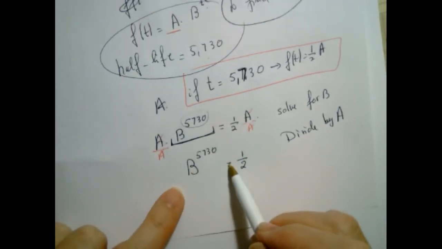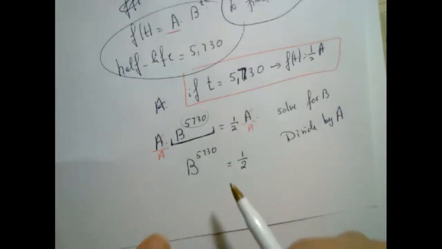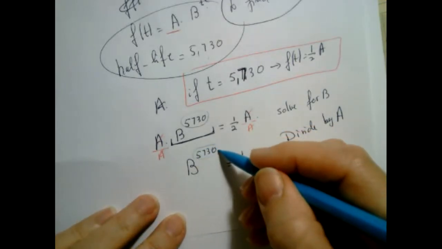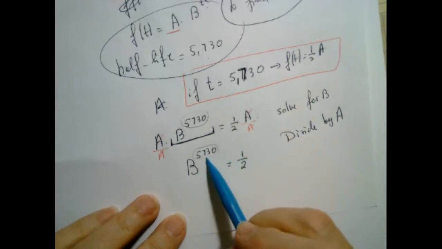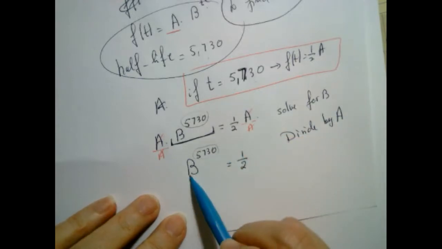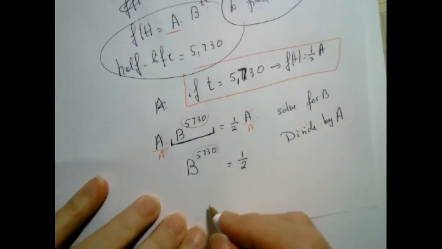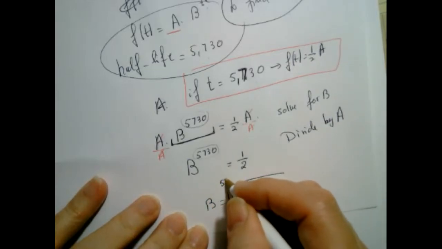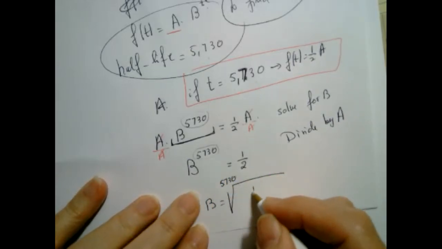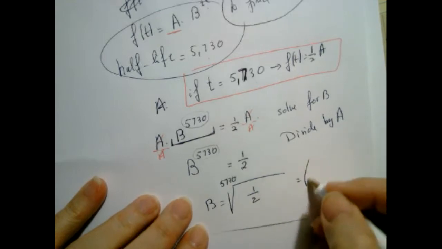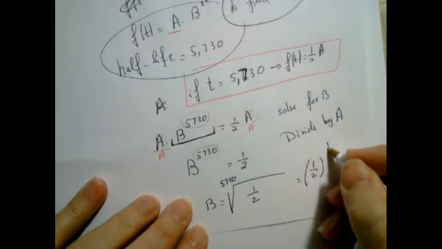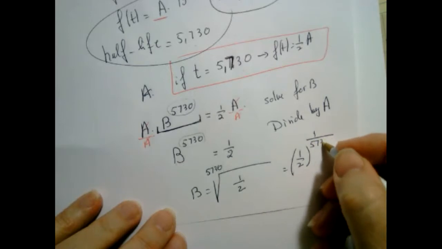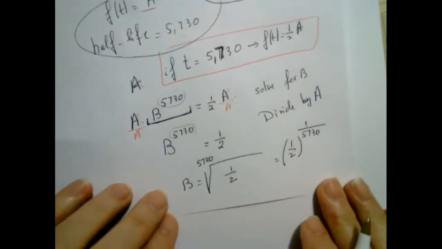We don't need a logarithm in this case, because we use a logarithm when the unknown is an exponent, and the unknown is not an exponent here. So B is going to be this weird root: the root of a half, or a half to the power 1 over 5,730.